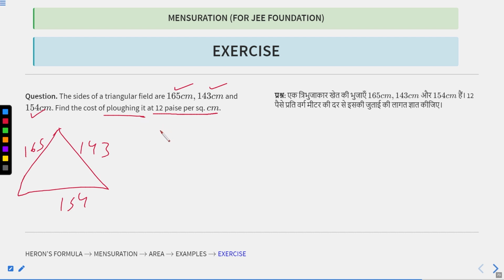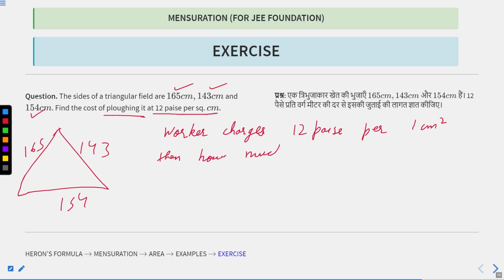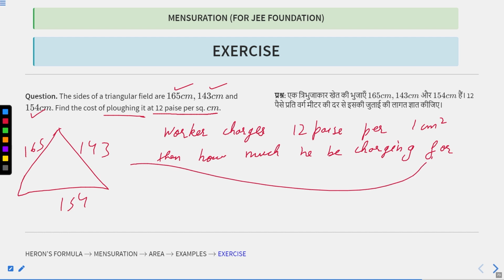So if a worker charges 12 paise per 1 centimeter square, then how much would he be charging for this triangular field?